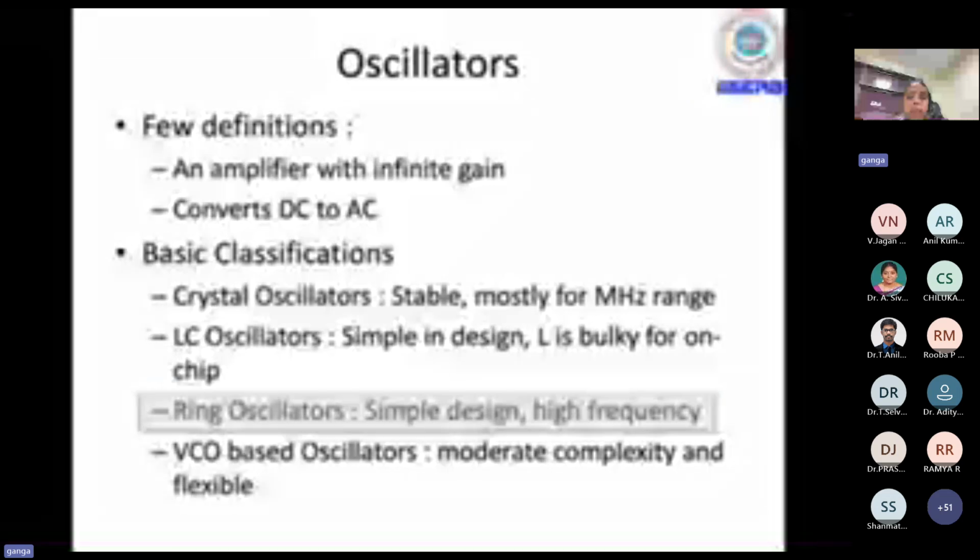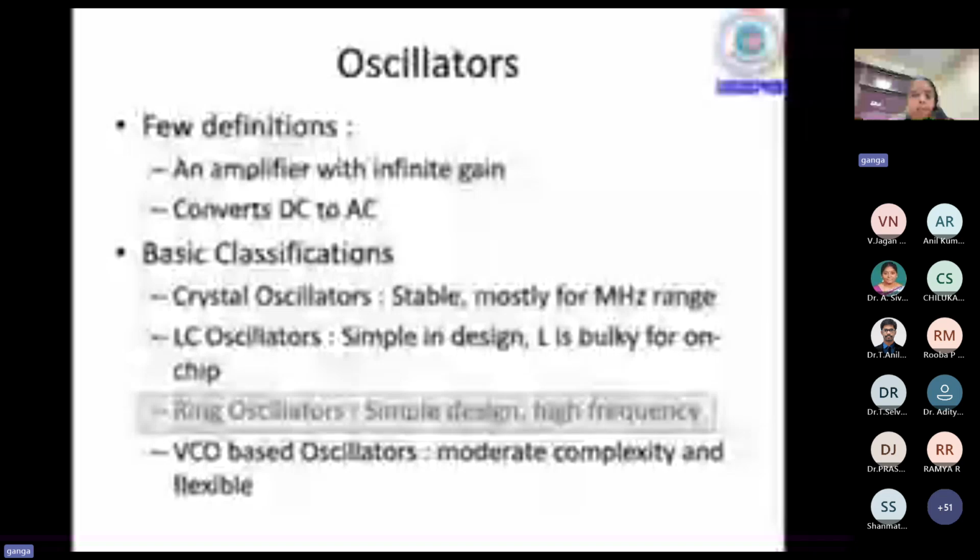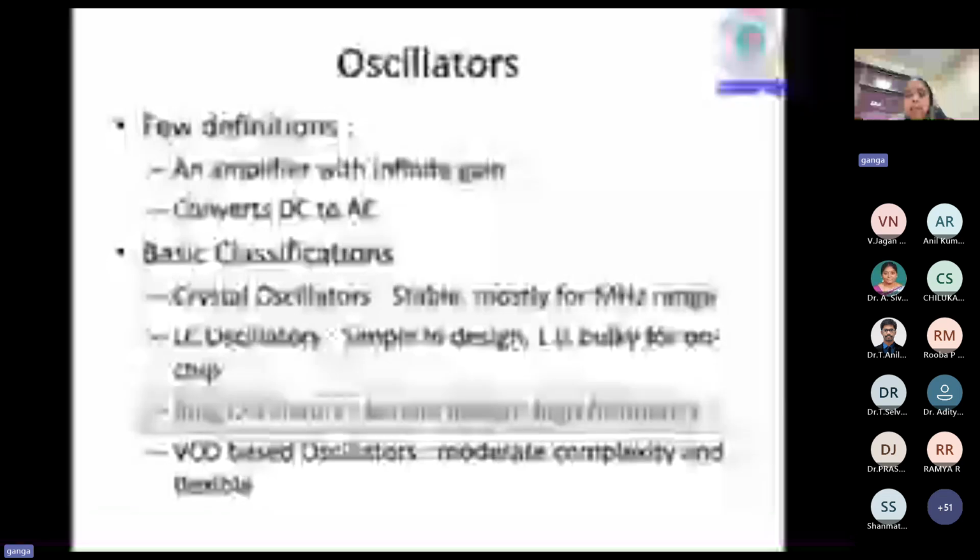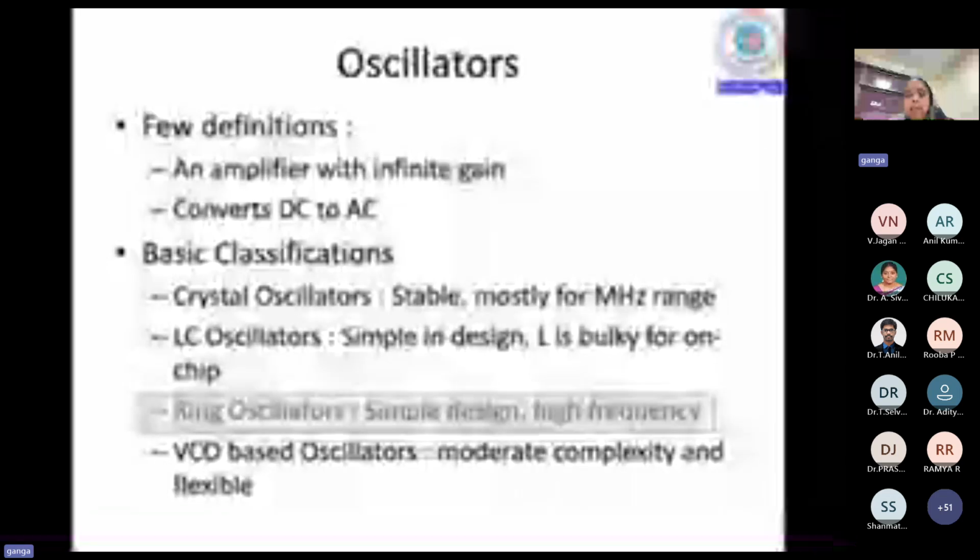These circuits have moderate complexity, and of course they are flexible. They have better tuning capability as well. However, the focus of this talk is going to be on ring oscillators with different semiconductor technologies because of their simplicity, and they are also capable of generating high frequencies. That's the reason we are considering them here.